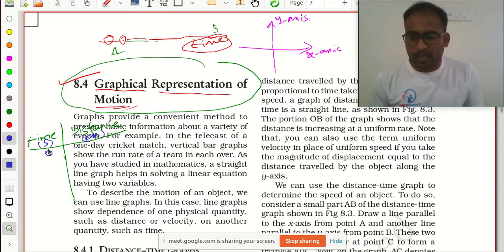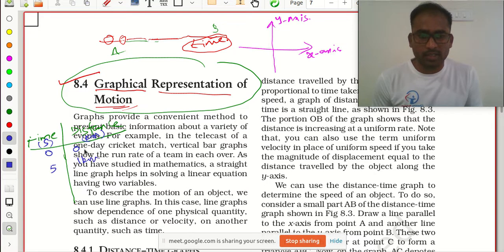Here at time 0 seconds, you have covered 0 distance. Suppose after 5 seconds you covered 1 kilometer. Actually, in 5 seconds we cannot cover that, so here you can take hours. In 0 hours you cover 0 kilometers.